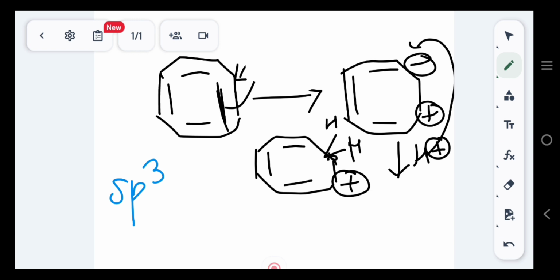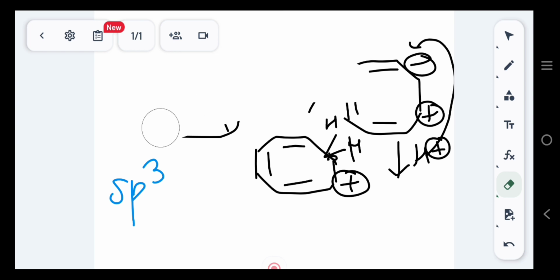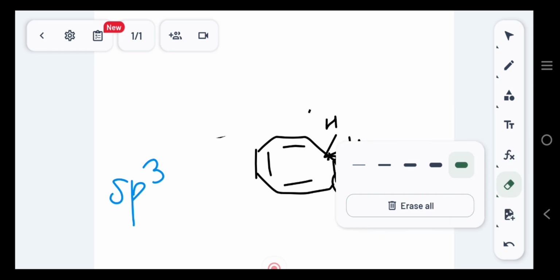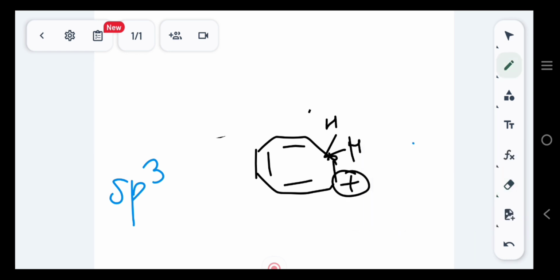We have already studied that if we have an sp3 hybridized carbon atom, then that particular compound will be non-aromatic in nature. But here, except this sp3 hybridized carbon atom, remove this carbon atom and see the other 7 carbon atoms.